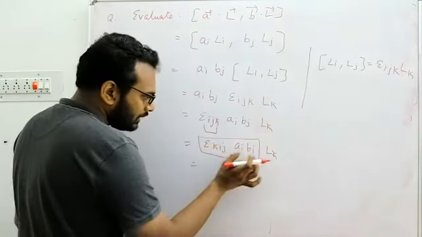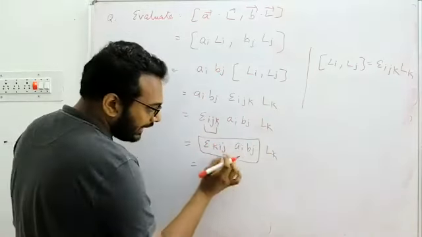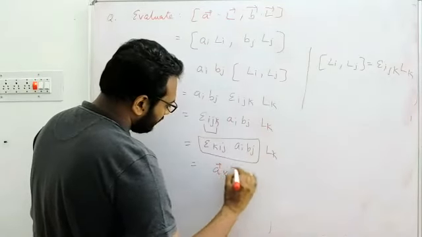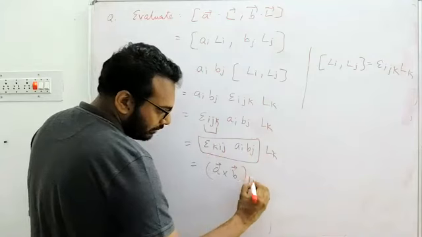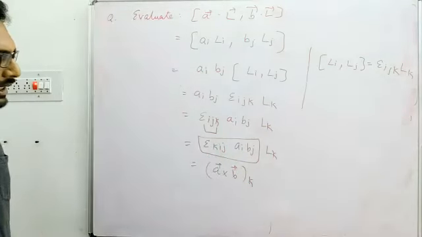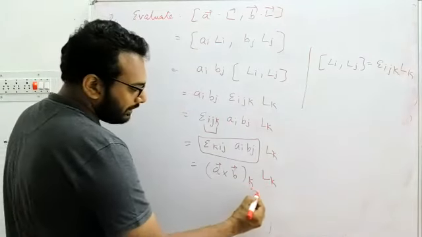Now what is epsilon kij Ai Bj? Using the property of cross products, this is the kth component of A cross B. This is how we define the components of the cross product using the Levi-Civita symbol. And there is Lk, with a summation over k.